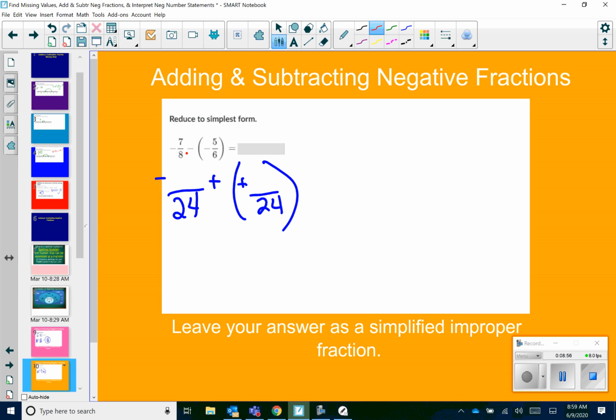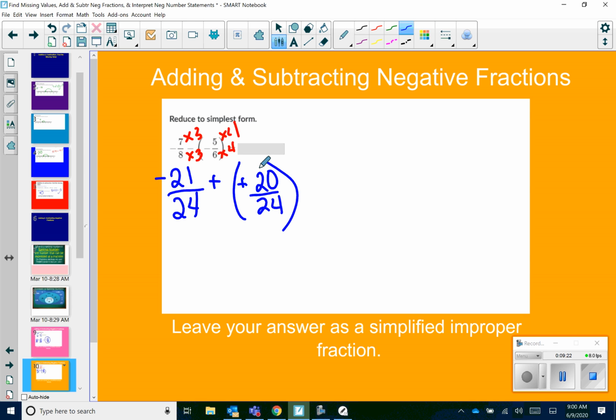To get from 8 to 24, we're multiplying by 3. Whatever we do to the bottom, we do to the top. So that's going to leave me with a negative 21. And then over here, we're multiplying through by 4, and that's going to leave me with a negative 20 on the top. But we also did keep change change, so that became plus positive 20 over 24.